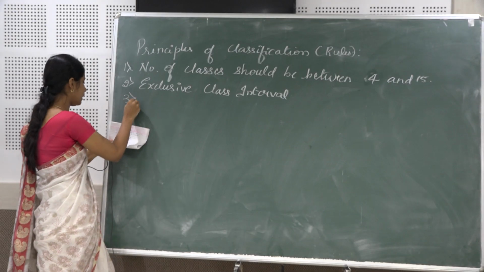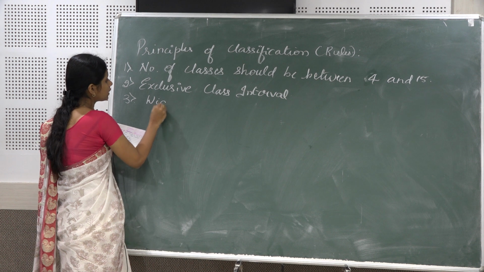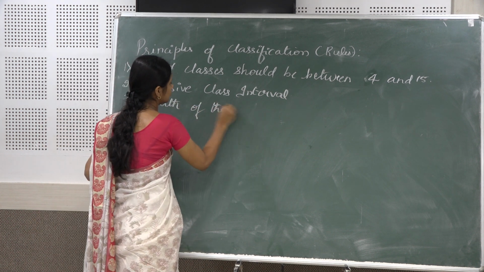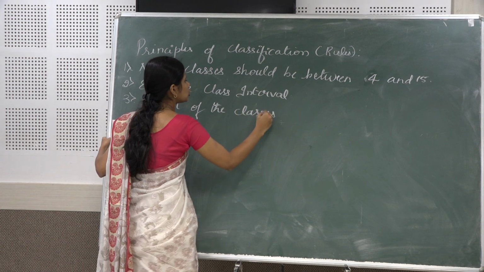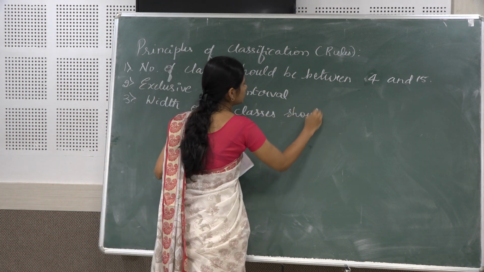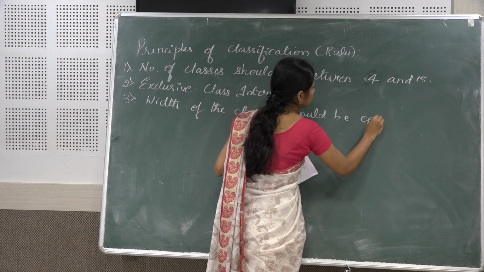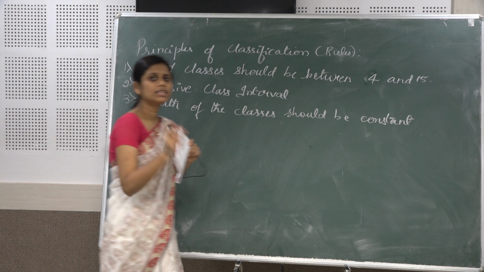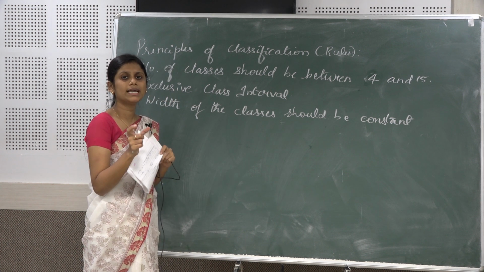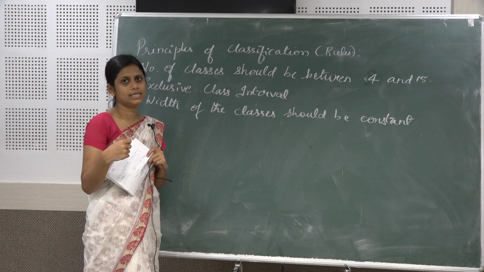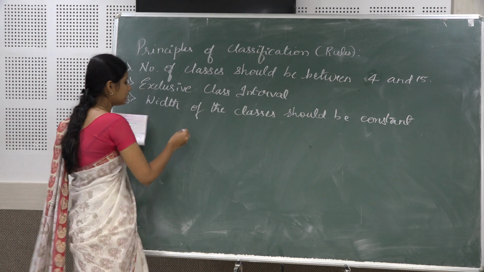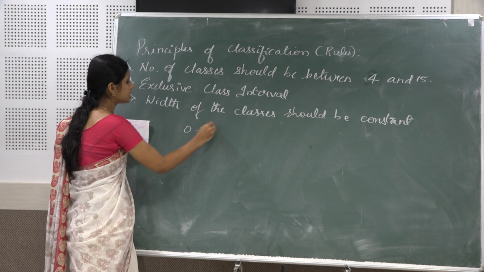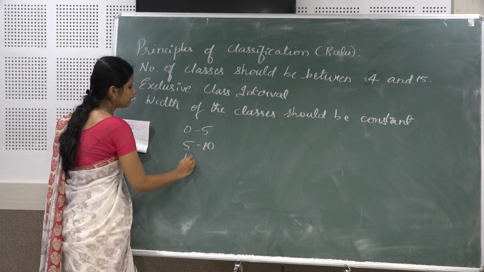Then the third principle is the width of the classes should be constant. That means while framing the class intervals, whatever width you are going to consider, that should be equal throughout the class intervals. For example, if you are considering width as 5, then you can frame it as 0 to 5, 5 to 10, 10 to 15.